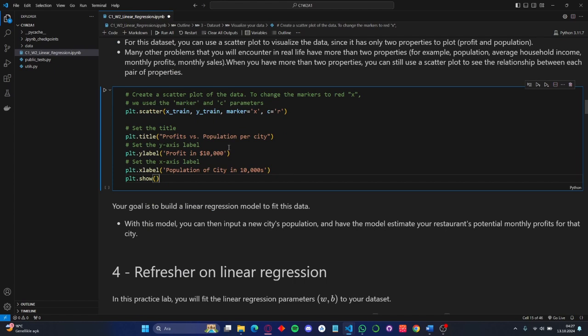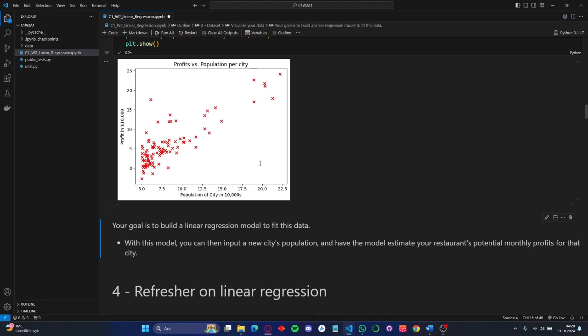And here we look at our data visualization. With this scatter plot and title, we are visualizing our data set. For example, the population of that city relates to profit.